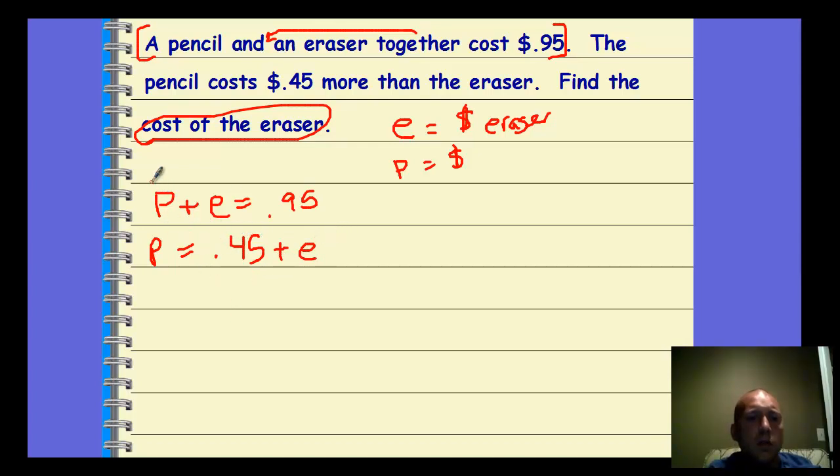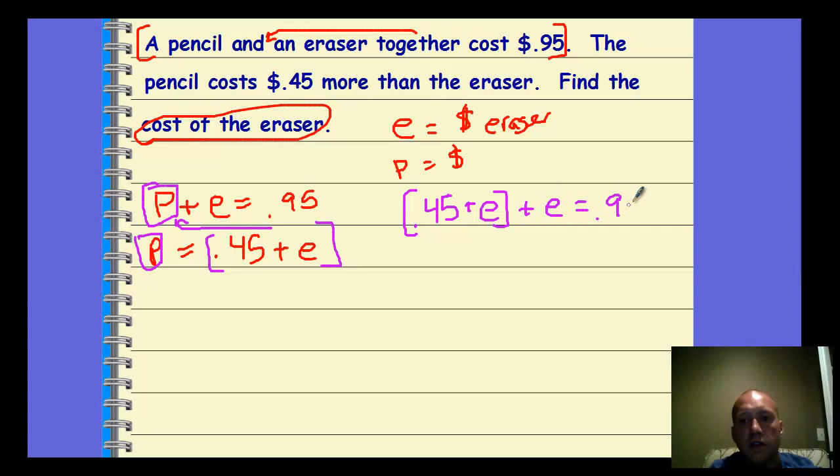Well, instead of writing P right here, I know that this P is equal to this statement, so why don't I put it in here? And those of you that recall systems of equations, that's really what this is. So this is the same as a pencil. That pencil plus an eraser is going to cost 95 cents. So there's an equation I can solve. Combine like terms.